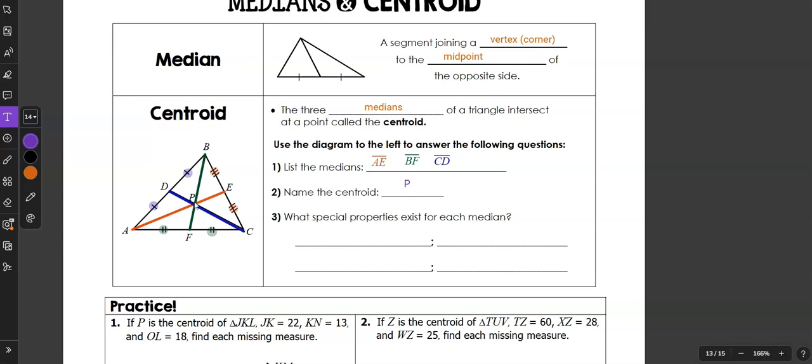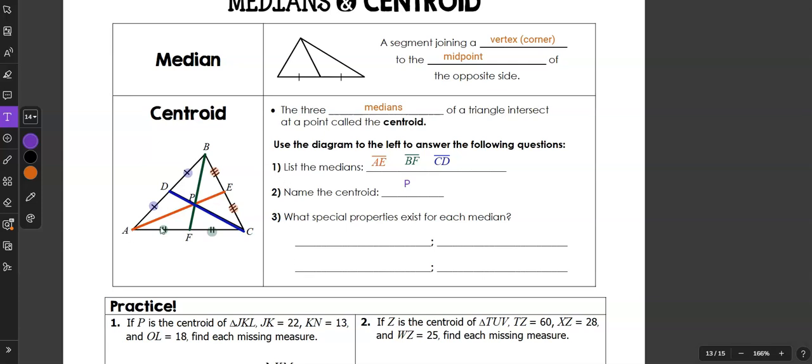So from P to F, P to E, and P to D. Another way to look at it is that if AP is 2 units long, then PE is only 1 unit long. So let's look at this mathematically.